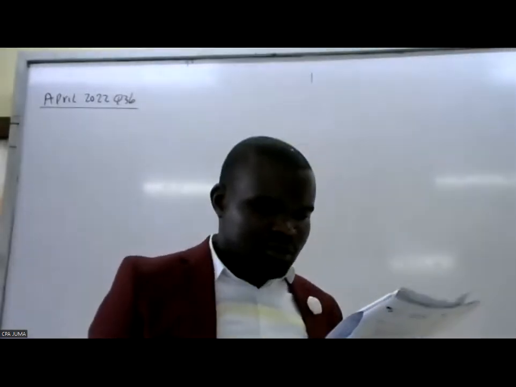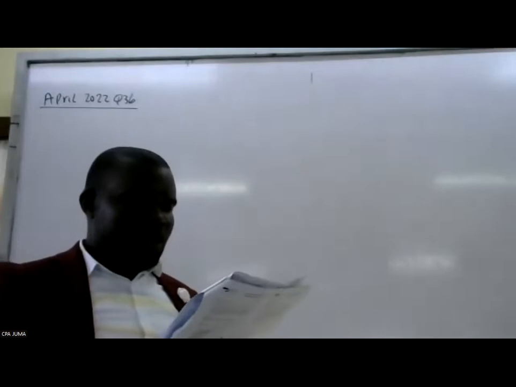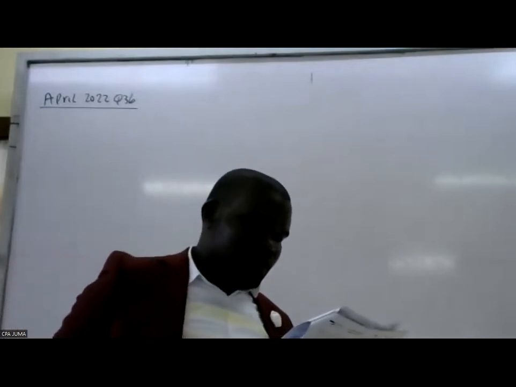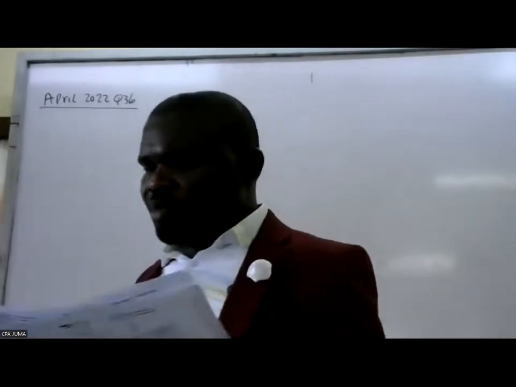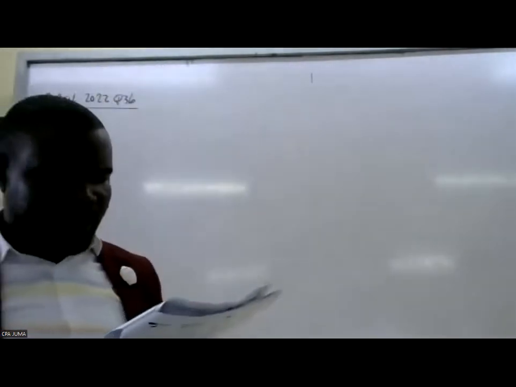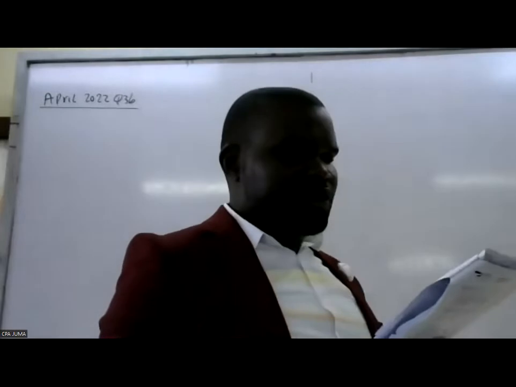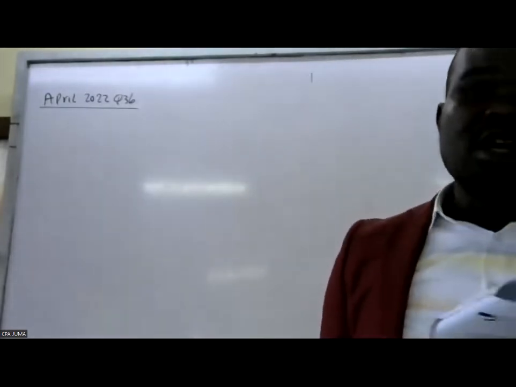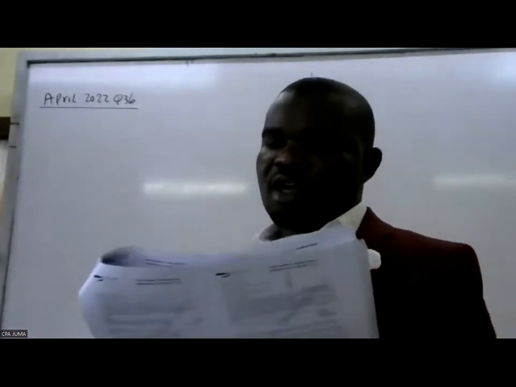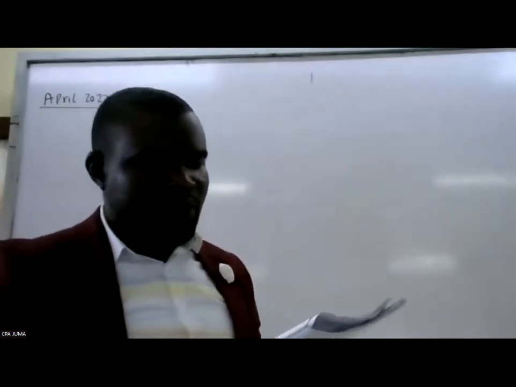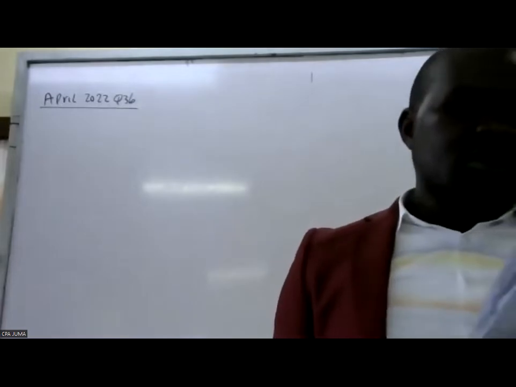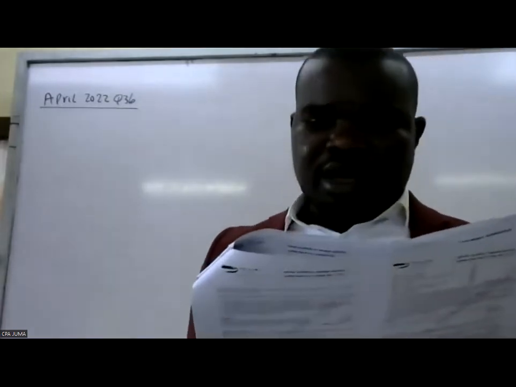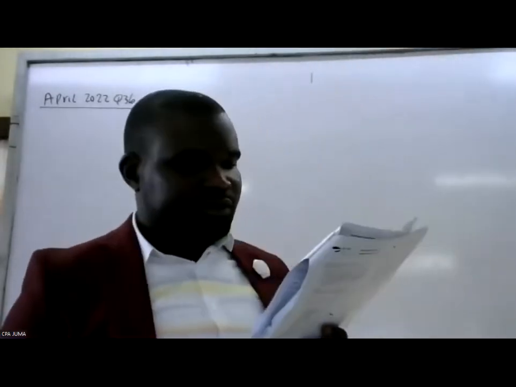What are they saying? The following accounting information was extracted from the Kimbo Limited regarding the defined benefit scheme. Net defined benefit obligation, 1st January 1850. Net defined benefit obligation, December 2000. Current service cost, contributions, benefits paid by trustees.